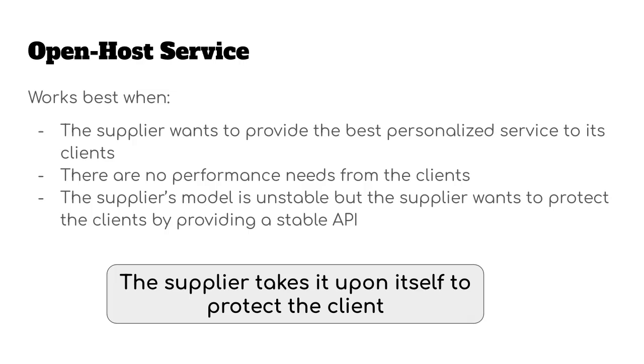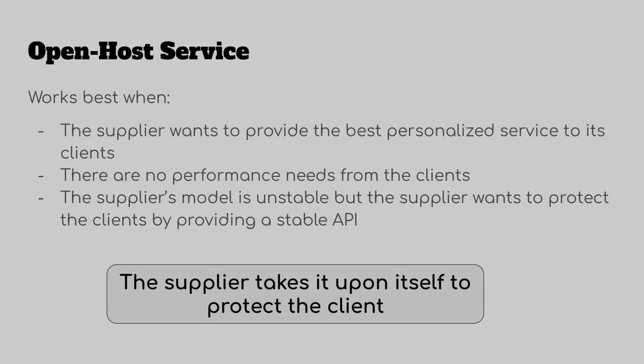This is usually useful when the supplier's model advances at a rate different from the public API it makes available to the users. It also allows the supplier to have different versions of the same API simultaneously, and also to have specific public APIs for some clients, all while maintaining its internal models protected.